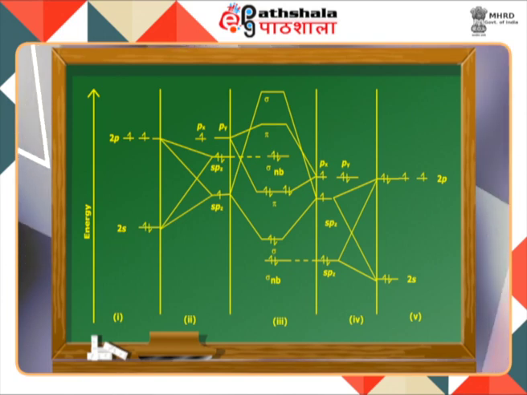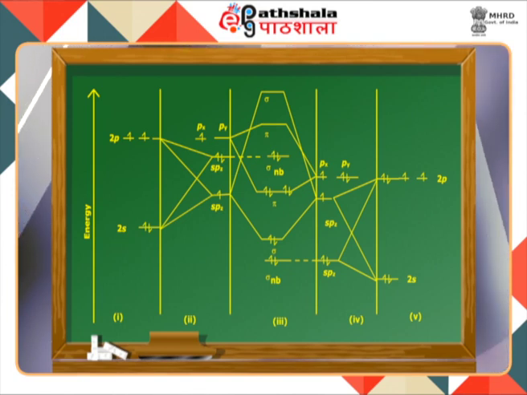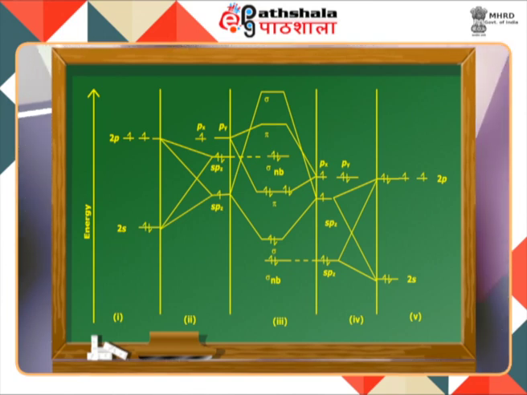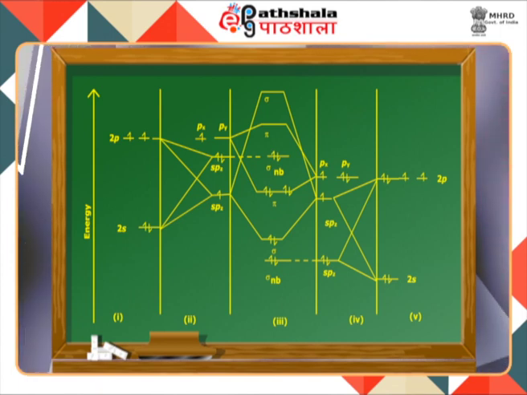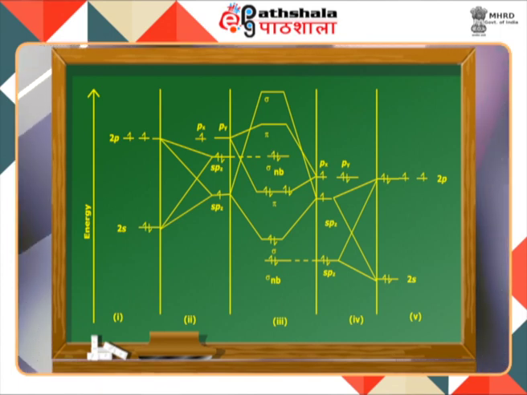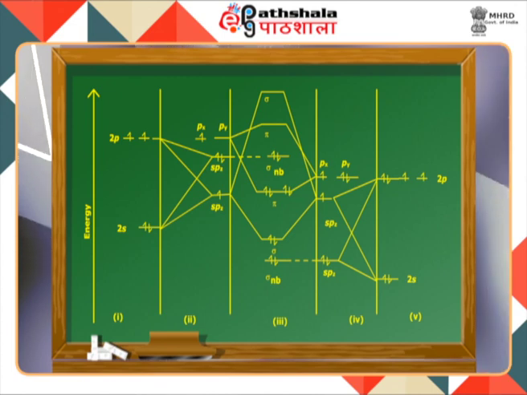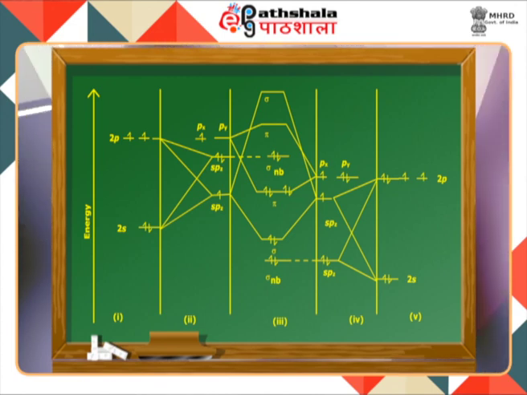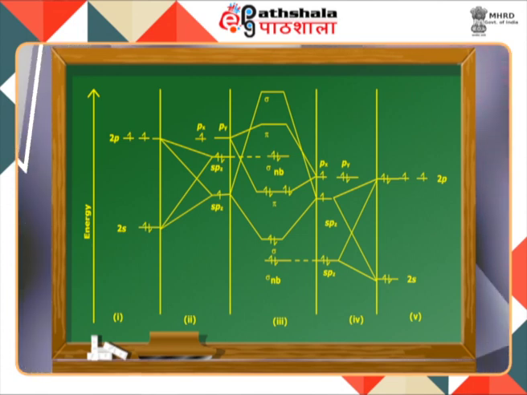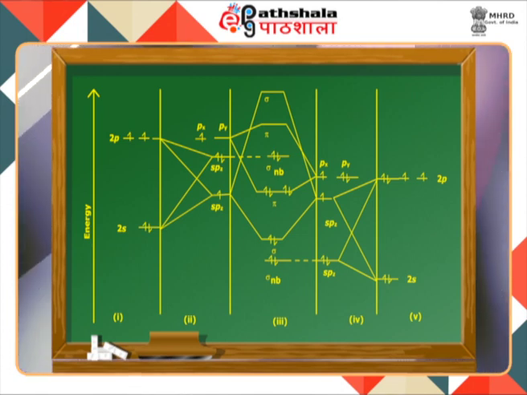The 2px atomic orbital of carbon atom and the 2px atomic orbital of oxygen atom take part in linear combination forming bonding pi 2px and antibonding pi 2px star molecular orbitals.